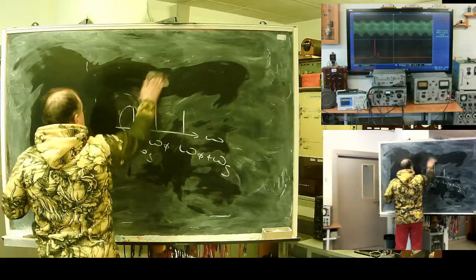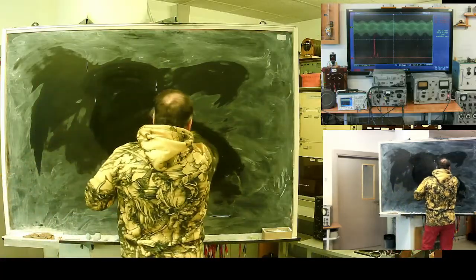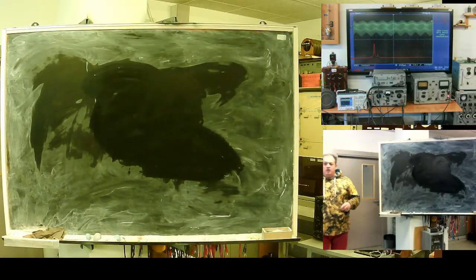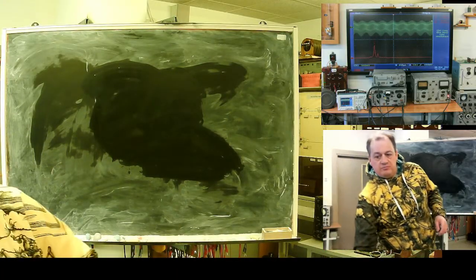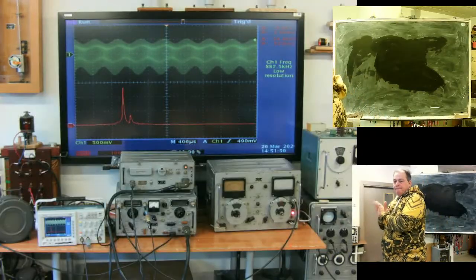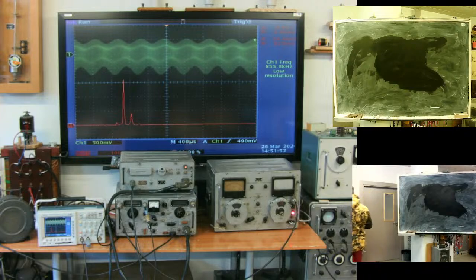Maybe I can show it in reality. What do I have here? My setup. Here, this generator supplies me the signal for modulation.